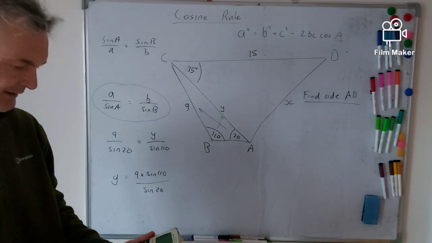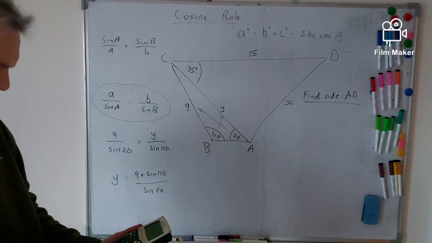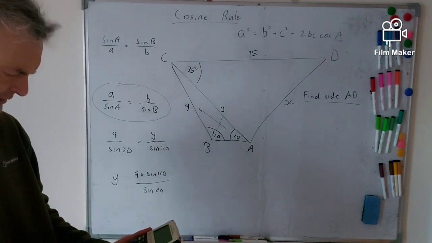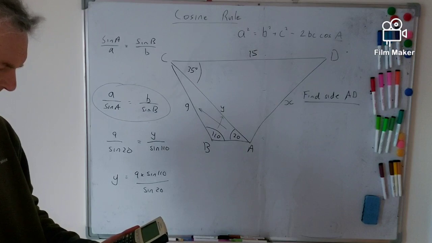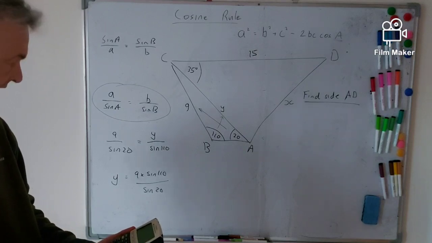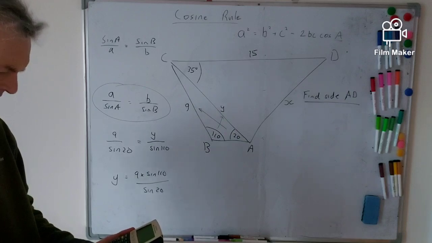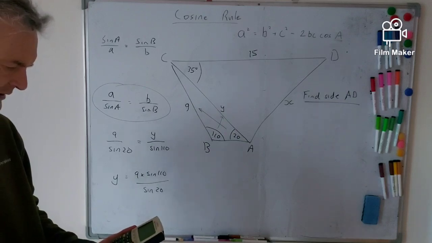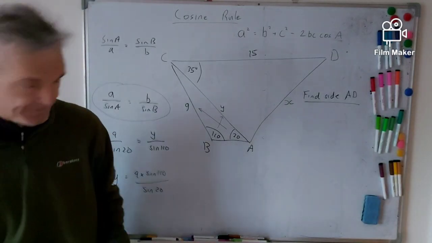So let's do that. So we've got 9 times sine 110, and we're going to divide that by sine 20. That's going to give us 24.73.